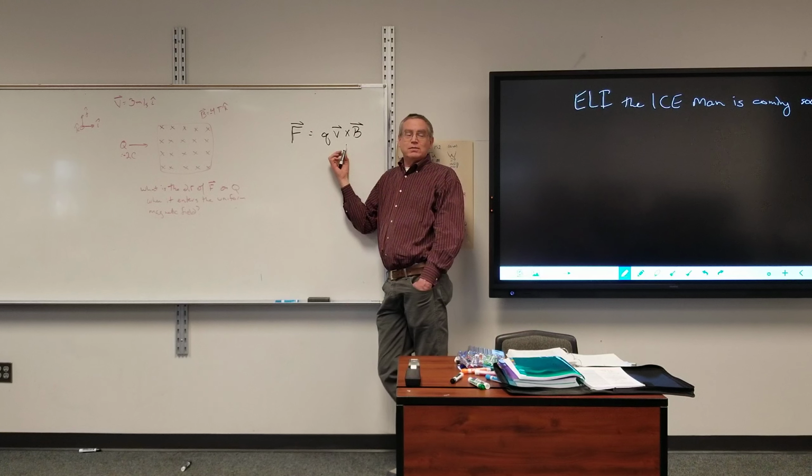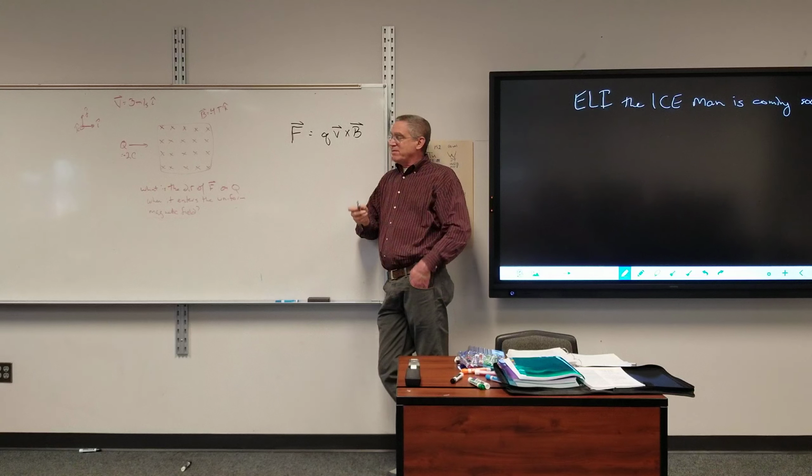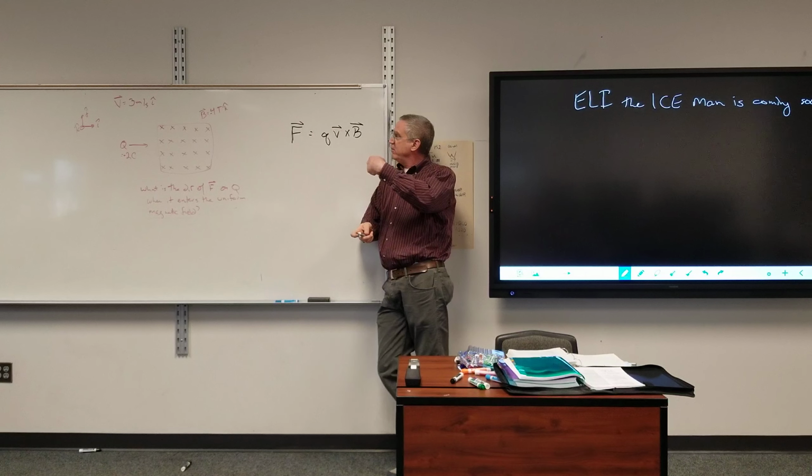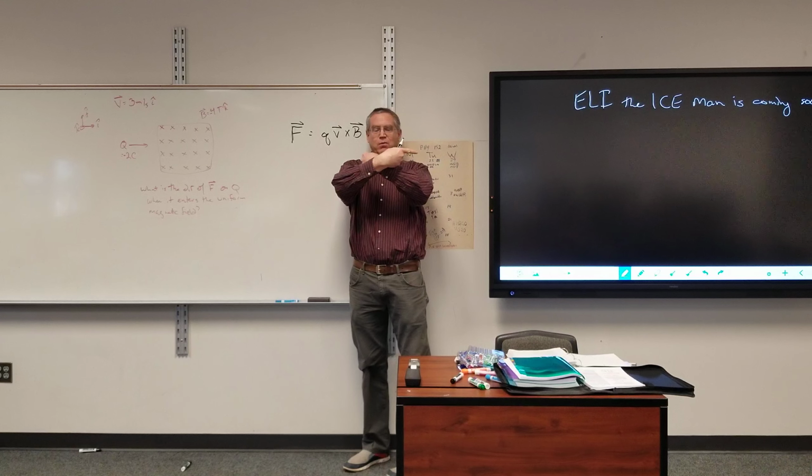The vector product is perpendicular to both of these vectors, assuming it's not 0. If V and B are parallel to each other, the cross product is 0. So I have a magnetic field that's going into the board, I have a velocity that is going that way.